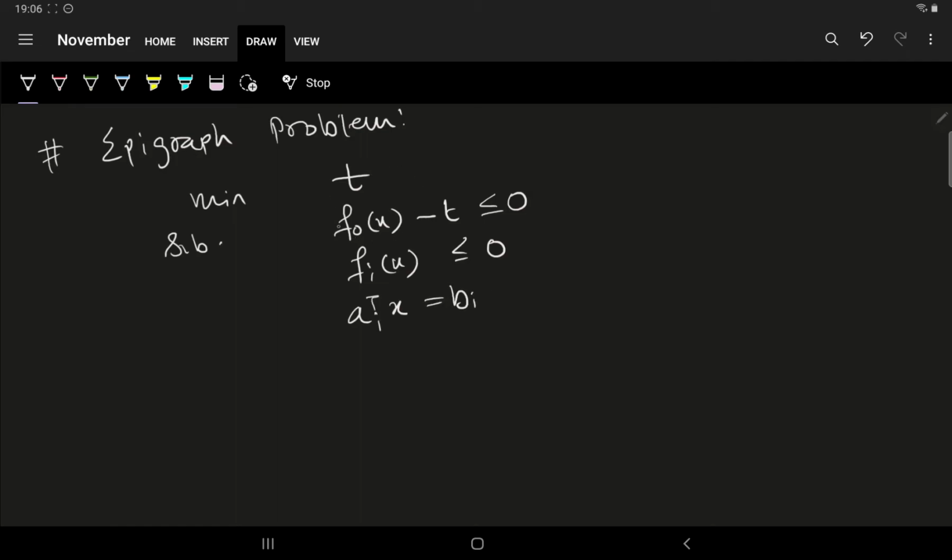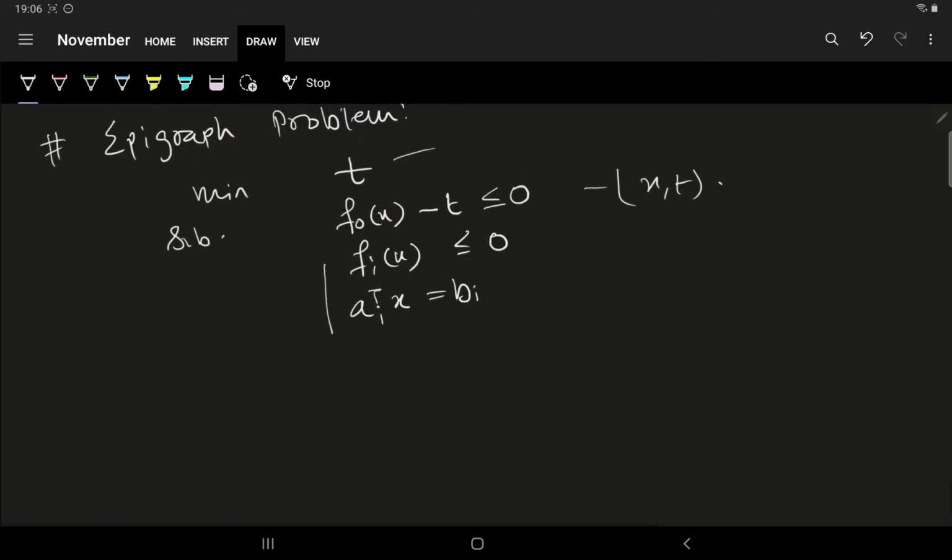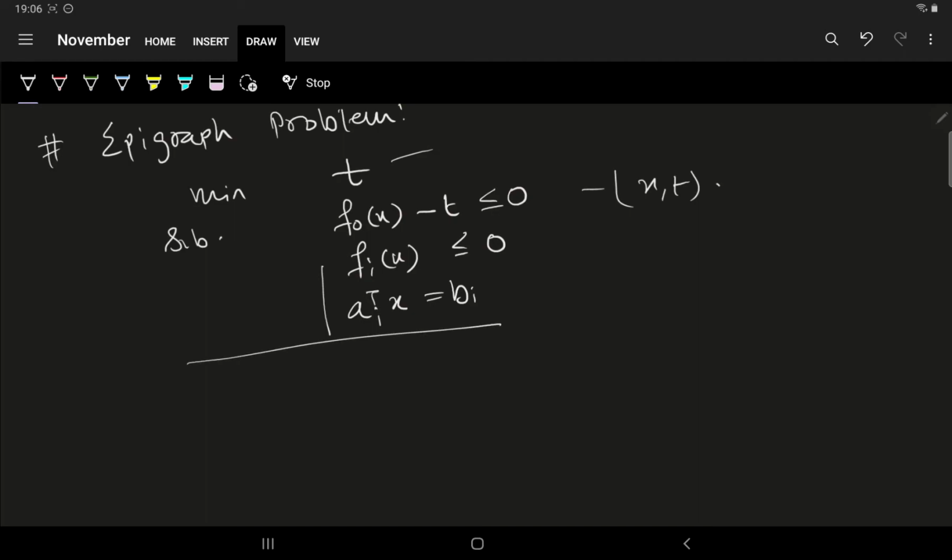We can see this is convex because t is linear and hence convex, f naught of x minus t is also convex in x comma t, and the rest are the same. So this is also a convex optimization problem.